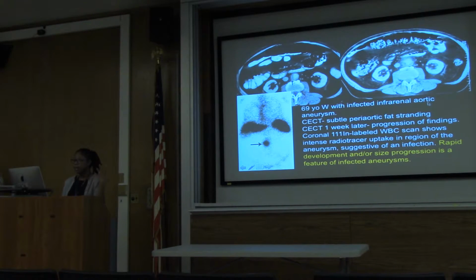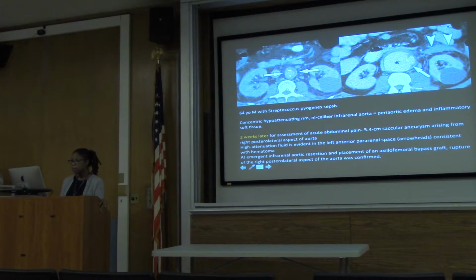Again, that rapid increase in size is an indicator that it's not a run-of-the-mill atherosclerotic aneurysm. It's most likely infected, and there's increasing stranding and inflammation around that aorta. And on the WBC scan, there's increased activity in that region, in the infrarenal aorta, compatible with the mycotic aneurysm.